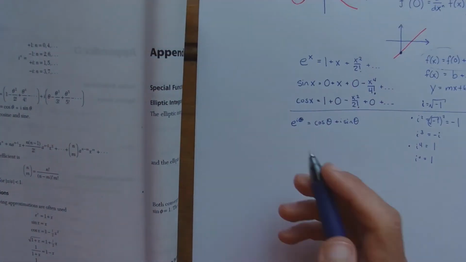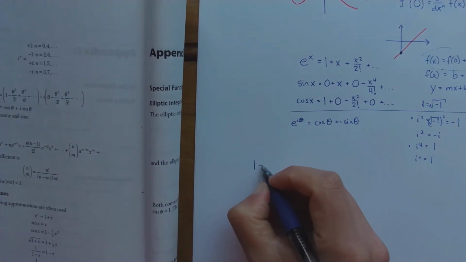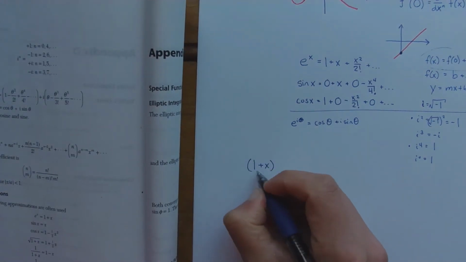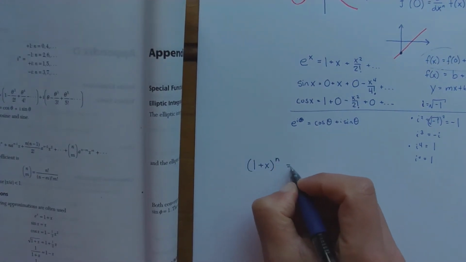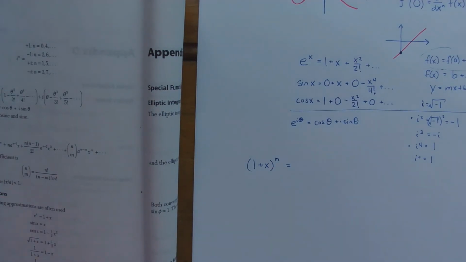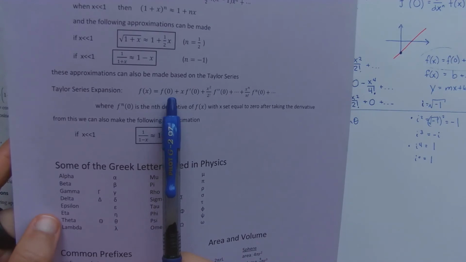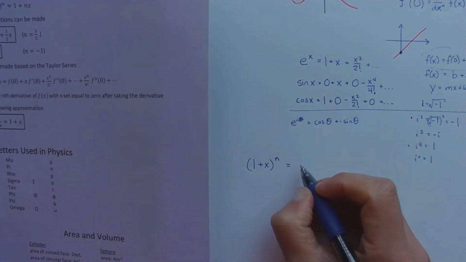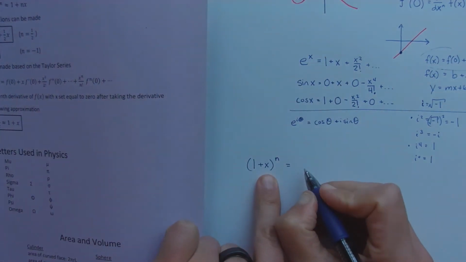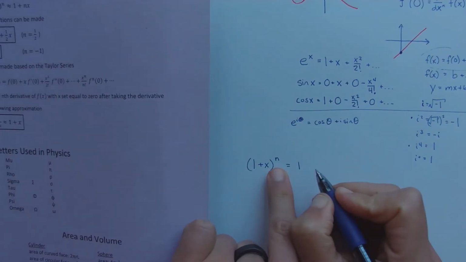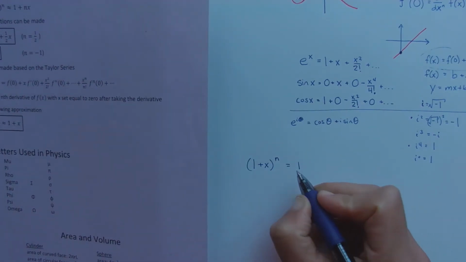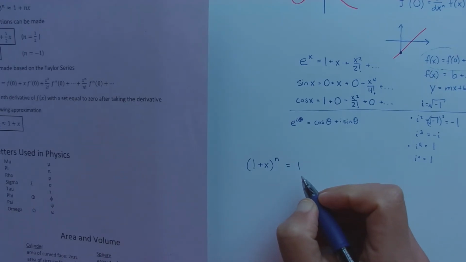If you do a Taylor series expansion for that, you have 1 plus x to the n. We evaluate the function when x is equal to 0. So that first term, if x is equal to 0, this would just be 1, and it does not matter what the power is, because 1 to any power is still going to give you 1.